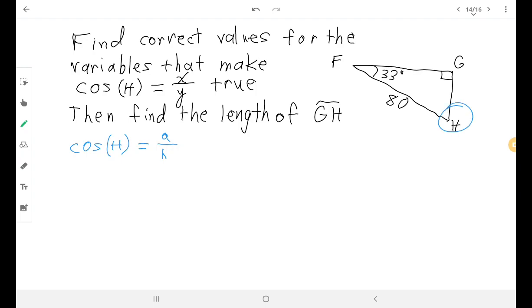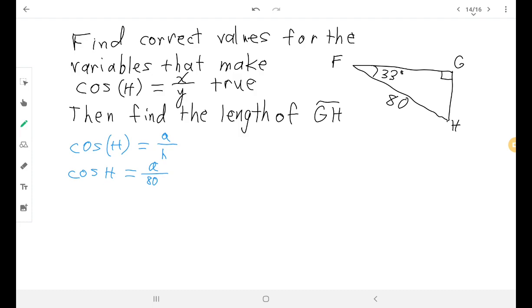So we find H, and the adjacent side is that side. We have the hypotenuse. The hypotenuse is 80. So the cosine of angle H is equal to whatever the adjacent is over the hypotenuse, which is 80.